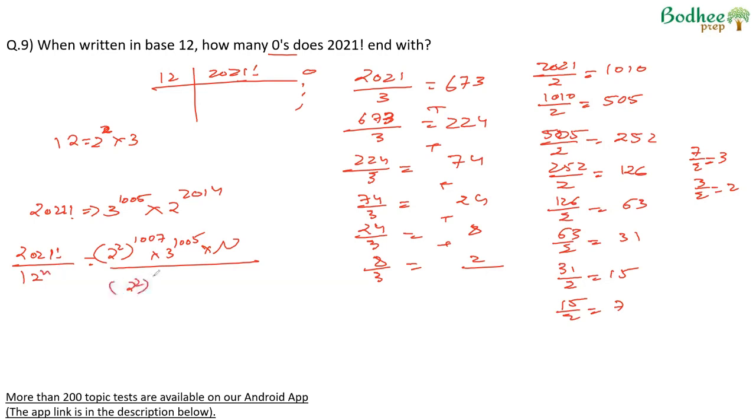We have 2 square raised to power n into 3 raised to power n. Clearly, n according to 2 square can take a value 1007, but according to 3 it can only be 1005. So the maximum value that n can take is 1005. So if we start dividing 2021 factorial by 12, the division will happen 1005 times, and that will be the number of zeros that we'll have in the end when we write the number in base 12.